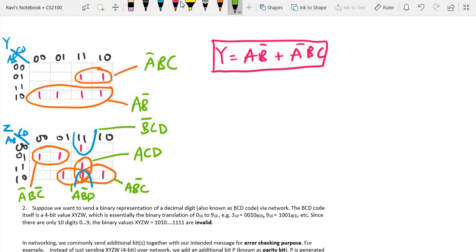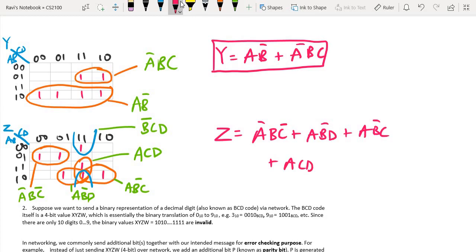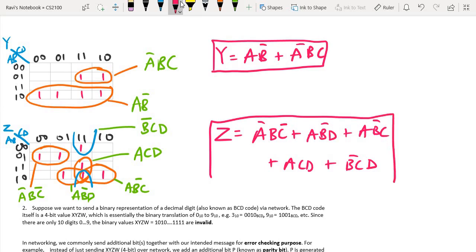Okay, so the final expression for Z is A bar B C bar plus A B bar D plus A B bar C plus A C D plus B bar C D. That is your final expression for your Z. As you can see, with K-maps it is a lot easier and a lot faster.